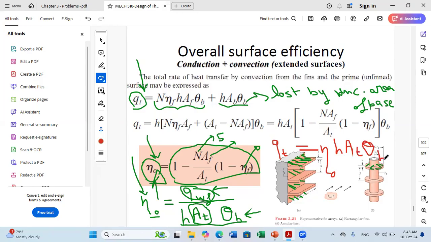Now, what is the total area of exchange? It's area of fins, AF times N because I have 5 fins, plus the area of the base that is not covered. We have already calculated these parameters, okay? So you have area not covered, you have N times AF, you calculate A total.